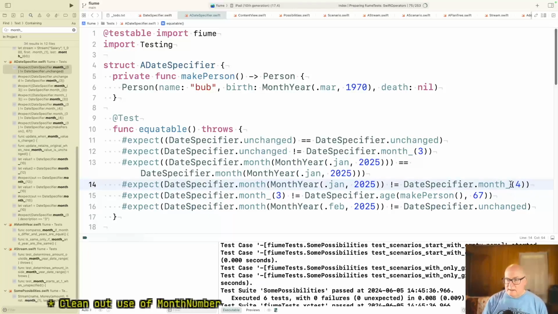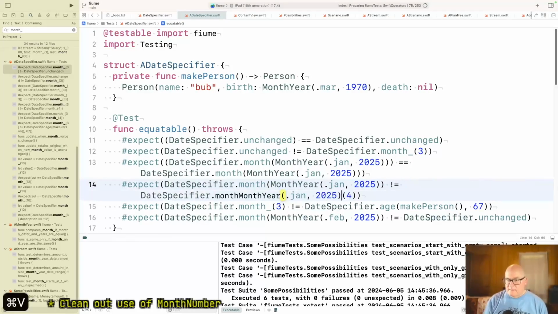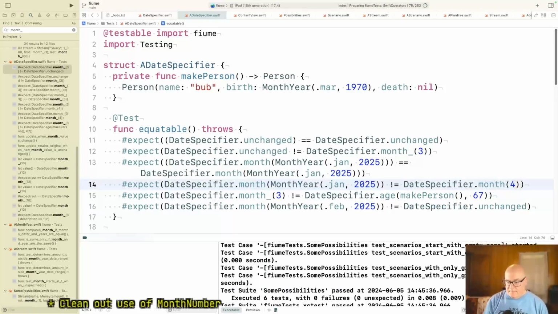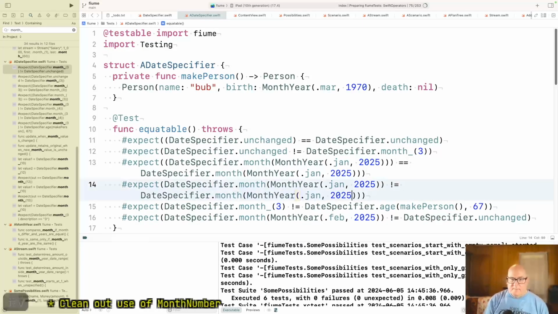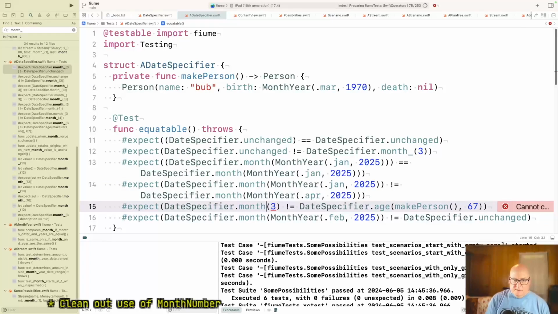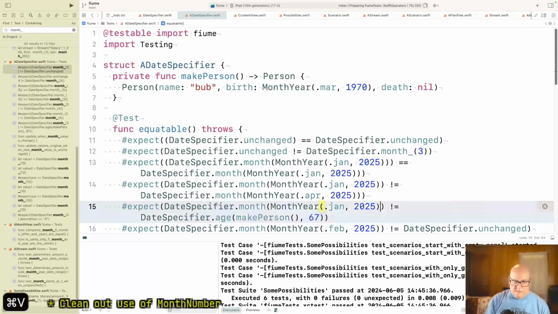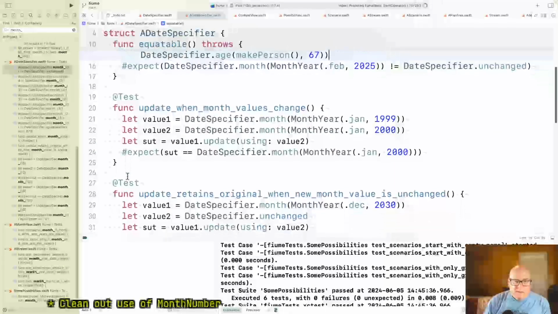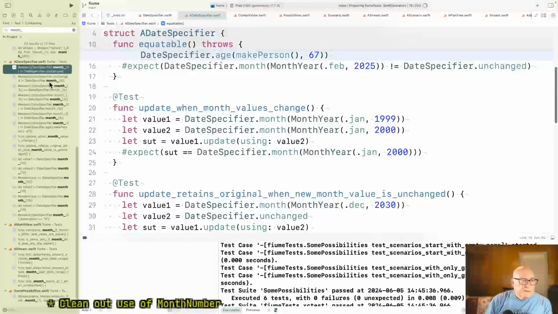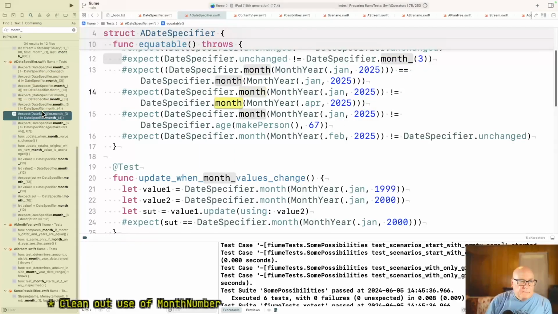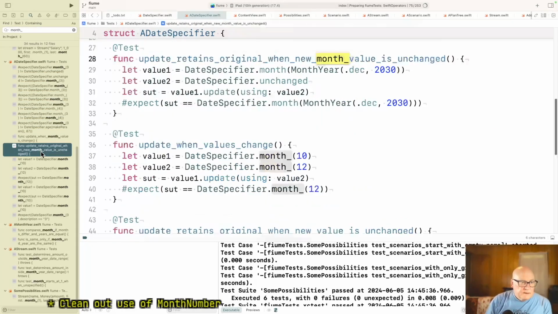Doesn't equal not itself. And doesn't equal an age, which is sort of true. Right. Okay, those all seem good. That's in the name.